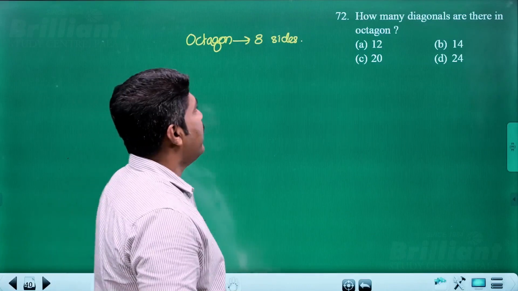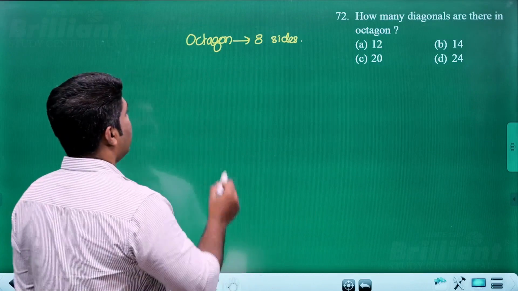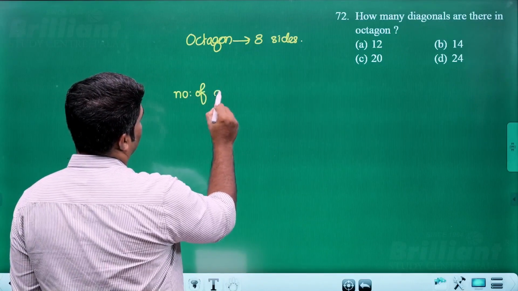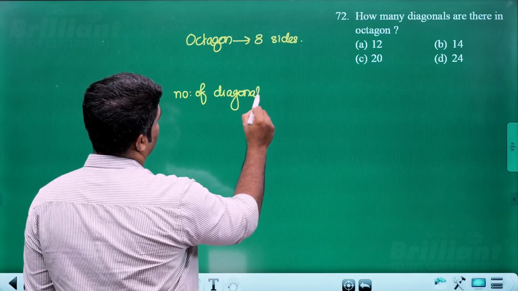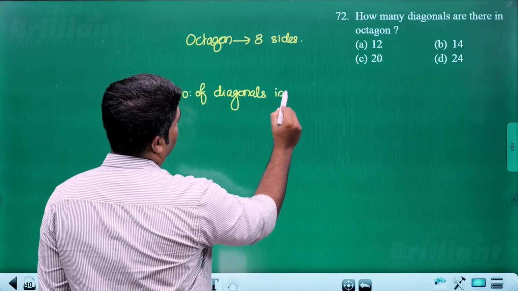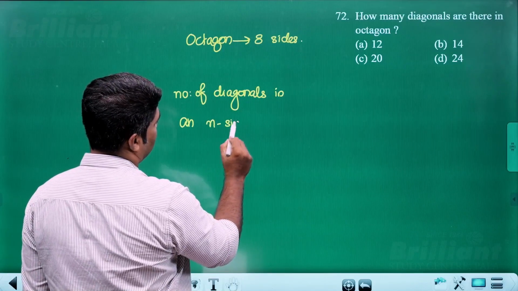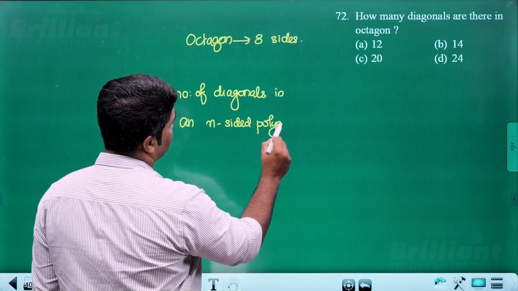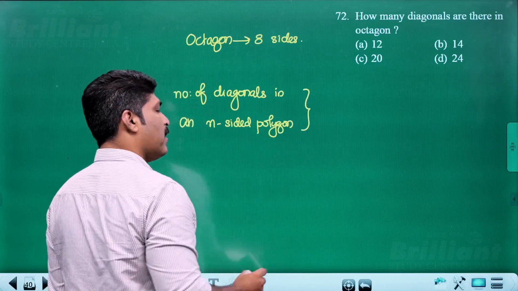Then we are going to find out the number of diagonals of such a polygon. The number of diagonals in an n-sided polygon is quite simple.